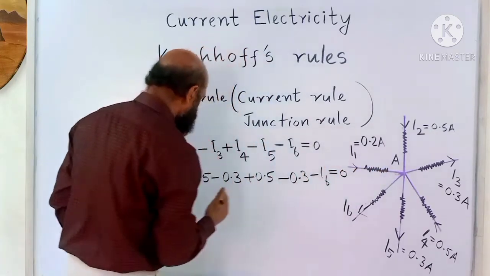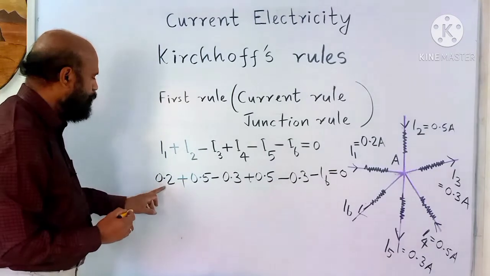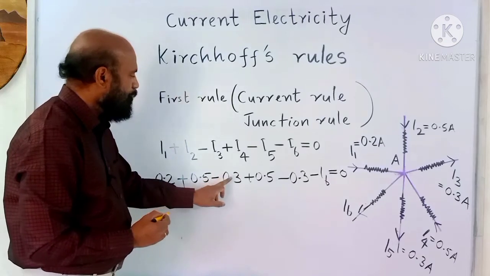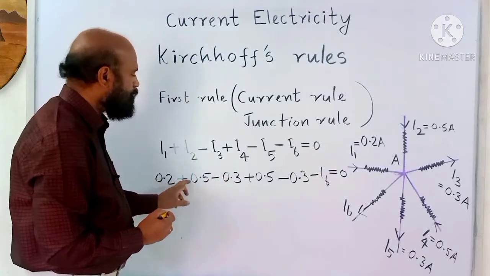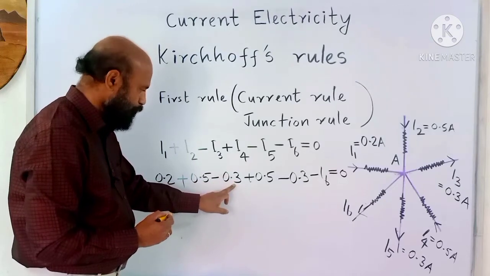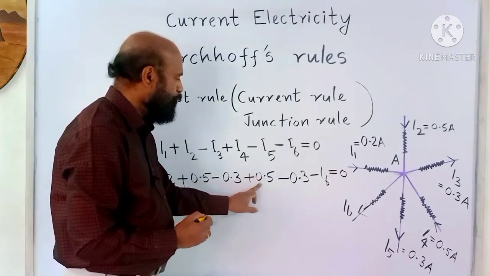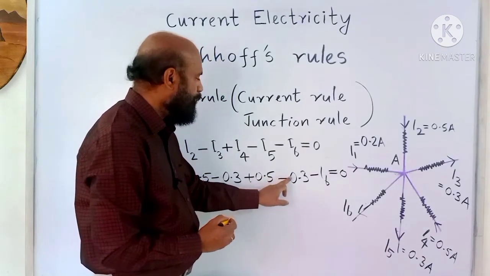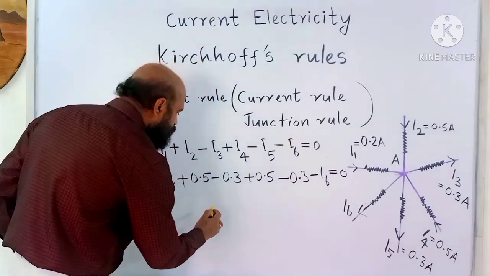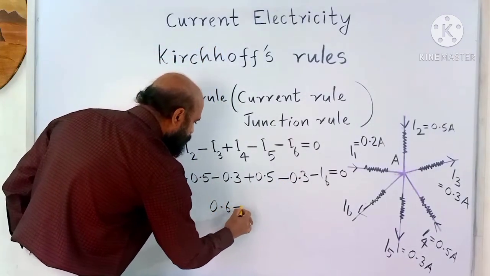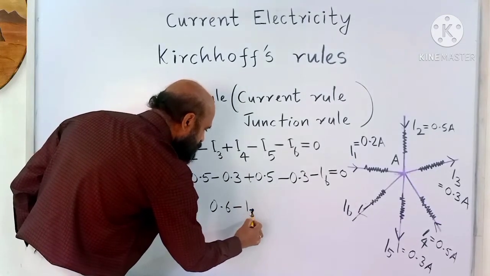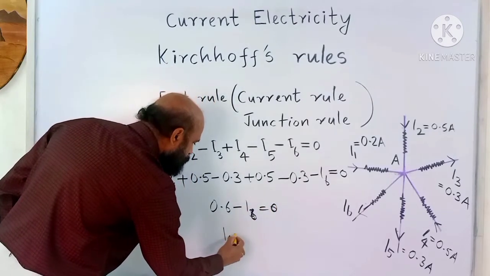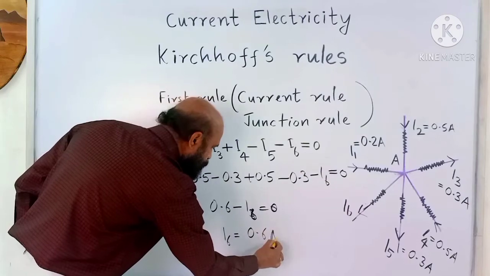Now I6 you take to the other side, then 0.2, 0.5, so 0.7. Next 0.3, so 0.7 minus 0.3 is 0.4. 0.4 plus 0.5, 0.9. 0.9 minus 0.3, so it is 0.6. So I6 is 0.6 ampere.